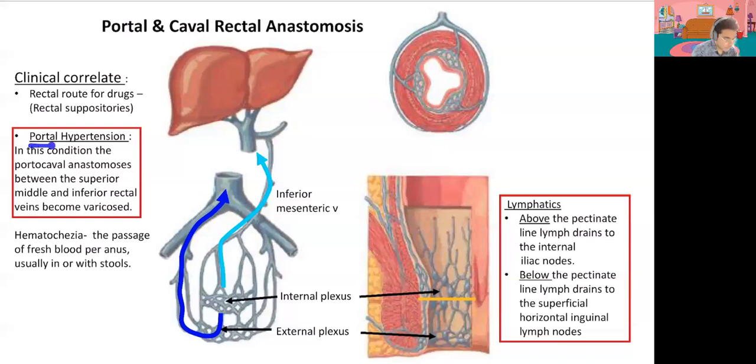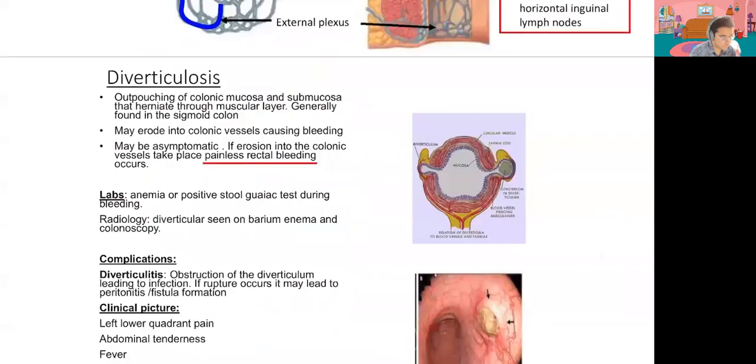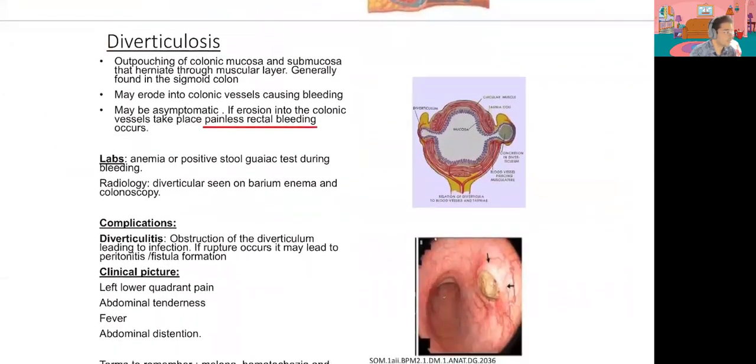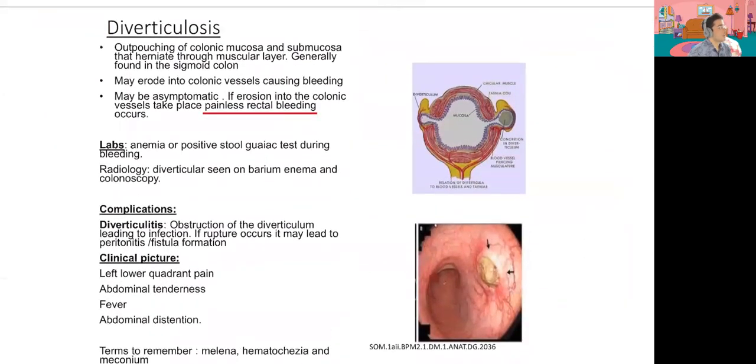So portal hypertension can have presentations at the anorectal canal. Okay, and what's going to be likely affected? Superior, middle, and the inferior rectal veins become varicosed, right? Varicosed. That's the official term for blood in poop. Okay, I love all the technical terms I'm using today.